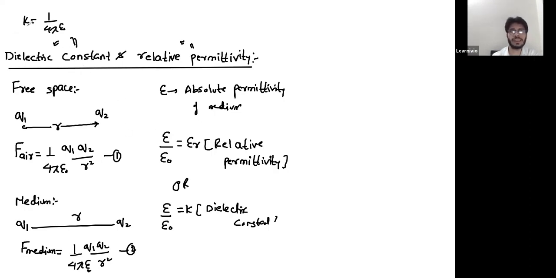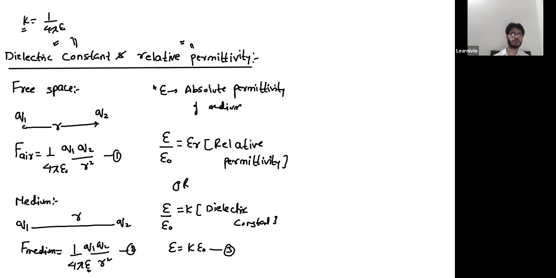That's why I wasn't using K in the earlier calculation. Earlier, this K was 1 over 4 pi epsilon naught, but this K is now the dielectric constant. So you can write this epsilon as K times epsilon naught, and I call this equation number 3. The dielectric constant and relative permittivity are the same quantities, just the notations are different. Both are unitless, both have the same values, so we can use any one of them. I'm using the dielectric constant, epsilon is K epsilon naught.